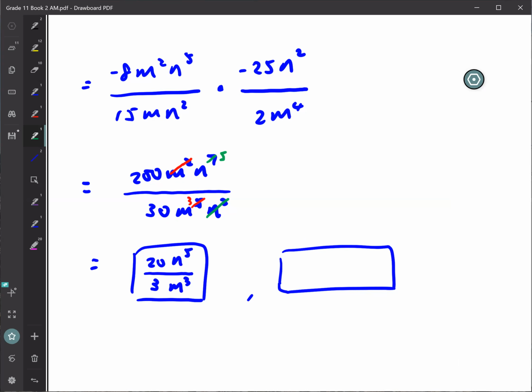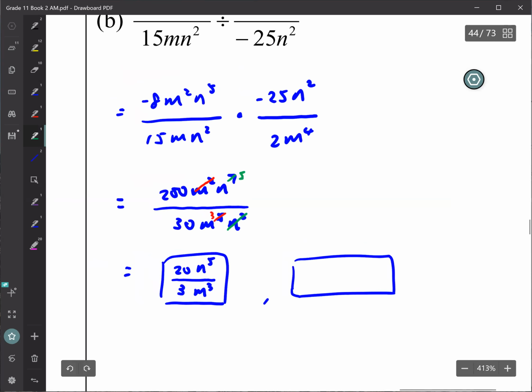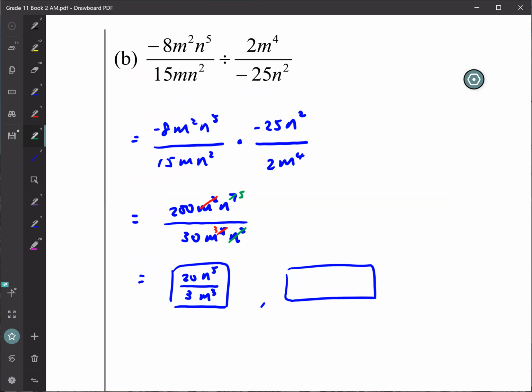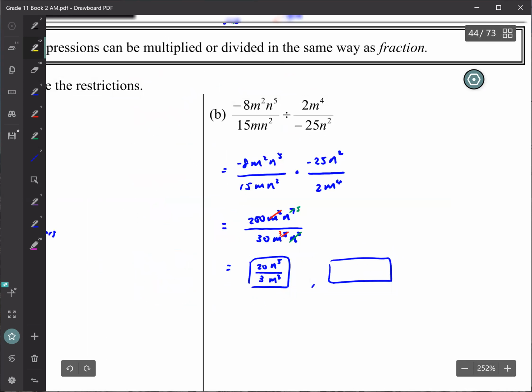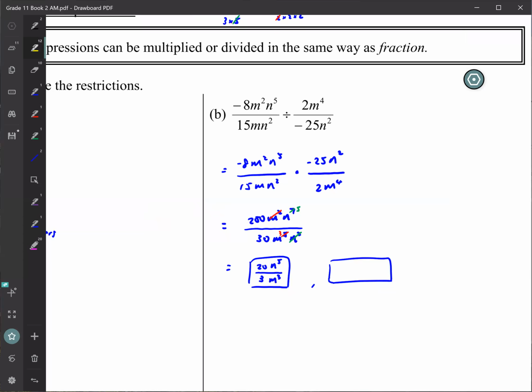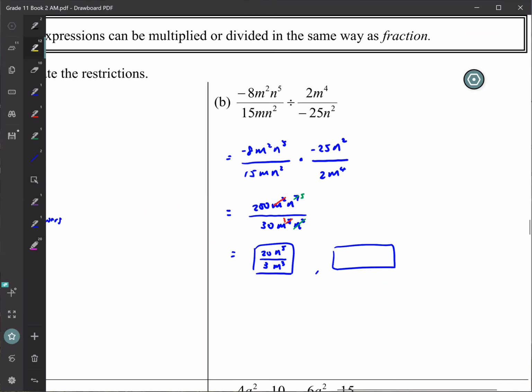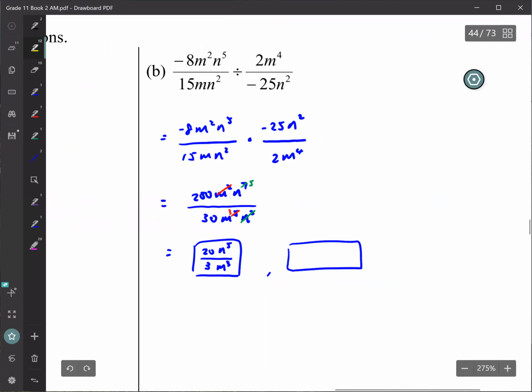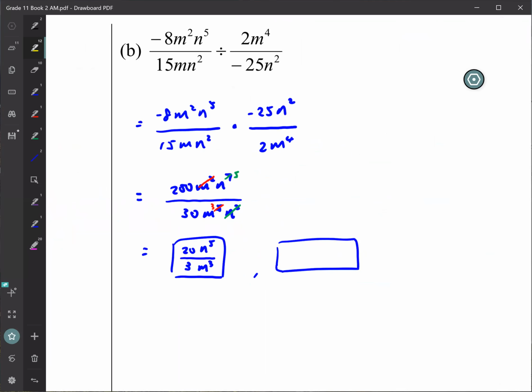Now the restrictions for dividing are a little bit different, okay? Because for restrictions, we always want to look at the denominator, so you have to check along every step. If you look at the second line, this part I'm highlighting is the denominator.